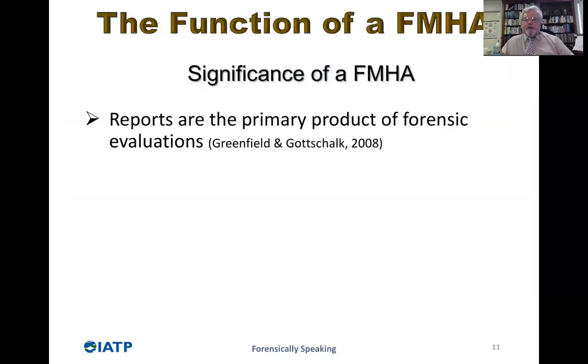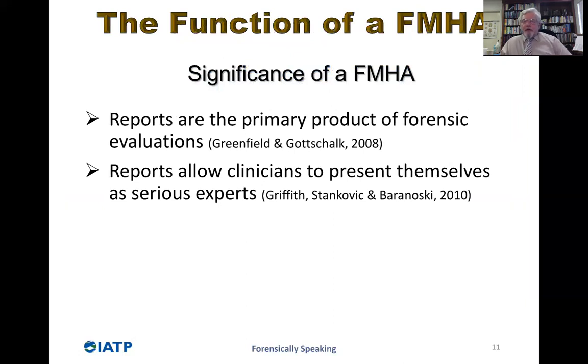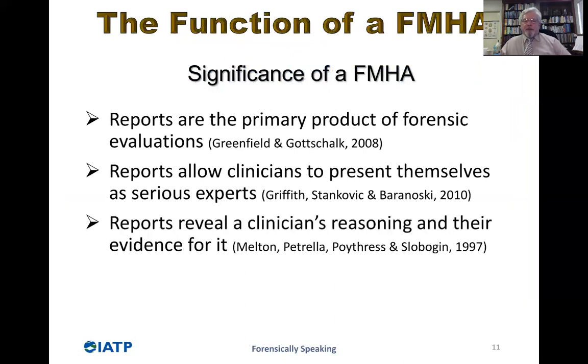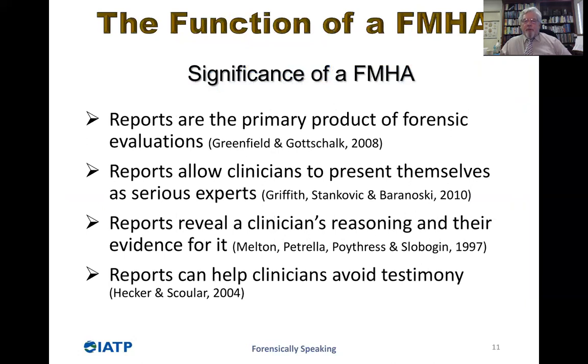Okay, now what is the significance of a forensic mental health assessment? Well, the reports are the primary product of the forensic evaluations. In other words, when you get all done, your work is going to be evidenced in that report. It could be 15 pages, it could be longer, it might be only 8 or 10 pages.